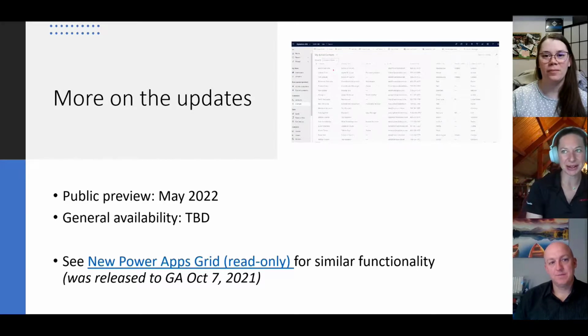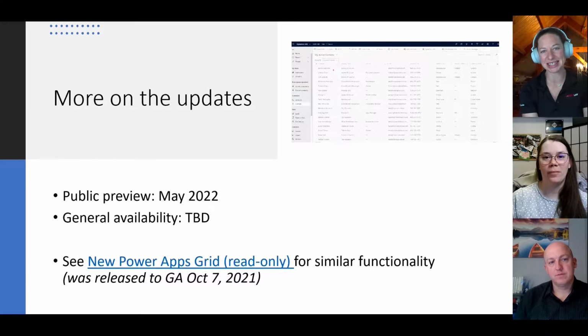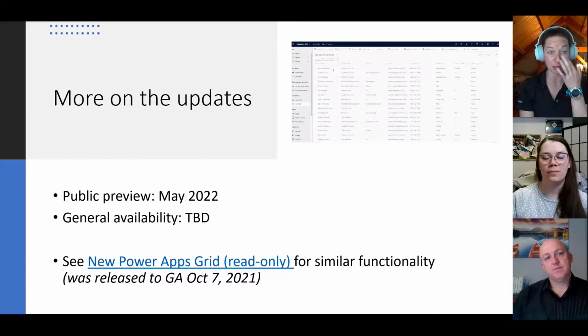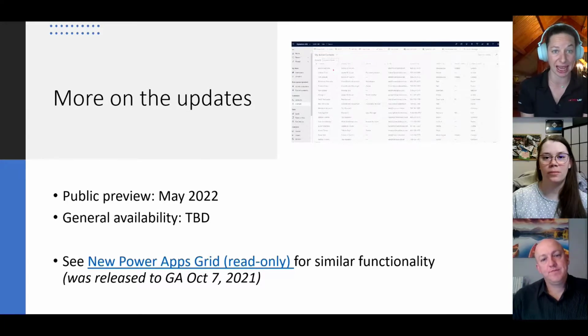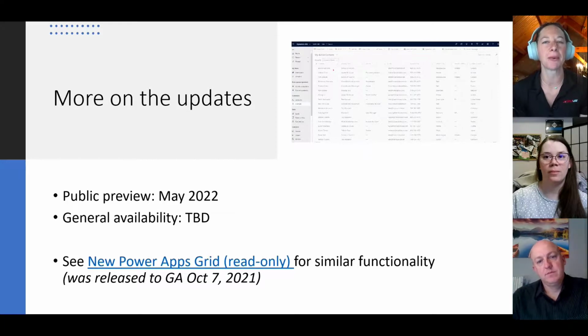I wish there was a little more detail in the release notes about this. It's really not detailed. It links you mostly to this Power Apps grid that came out last release. But I'm curious, because right now there are some pretty significant limitations when you apply editable grid to a table. And I'm curious if those limitations are still in place.